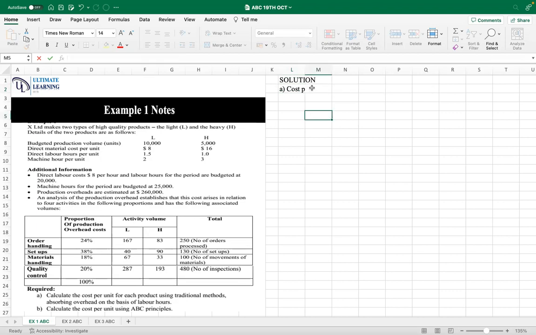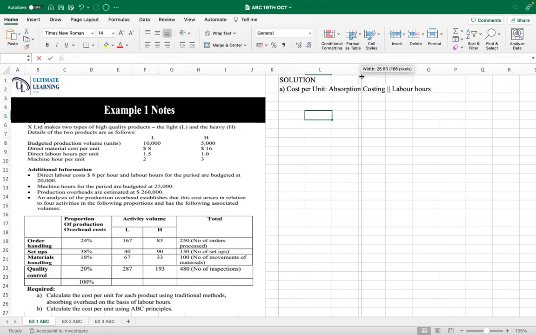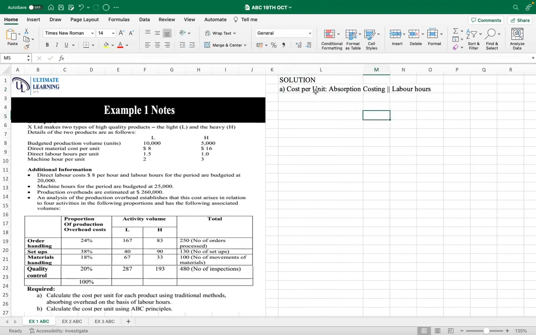So we want to look at what is the cost per unit using the traditional method. In this case, we will have product L and product H. In order to get the cost per unit, we said it's direct cost plus indirect costs. Direct costs are also known as prime costs. So let's start with prime costs or direct costs.